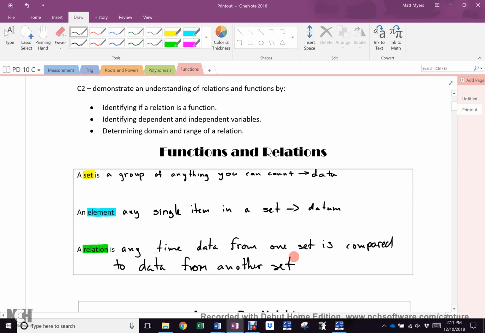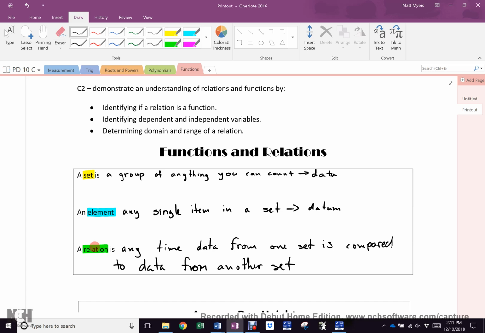Anytime you take data from one set and compare it to data from another set, you are making a relation. All right? For example, in the room next door to us, are there kids in that room? Yes. Right now, there's a set of kids there and a set of kids here, yes?